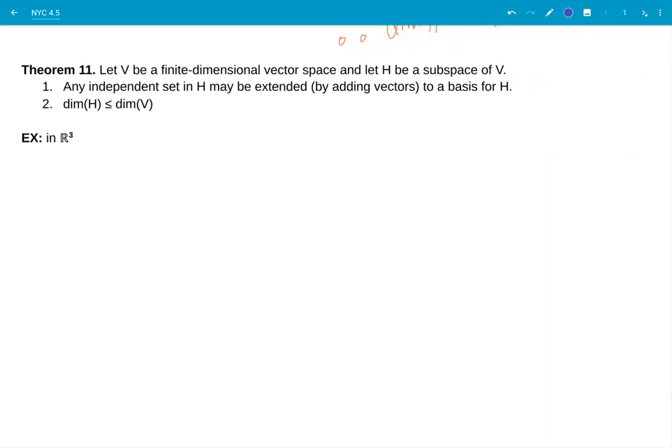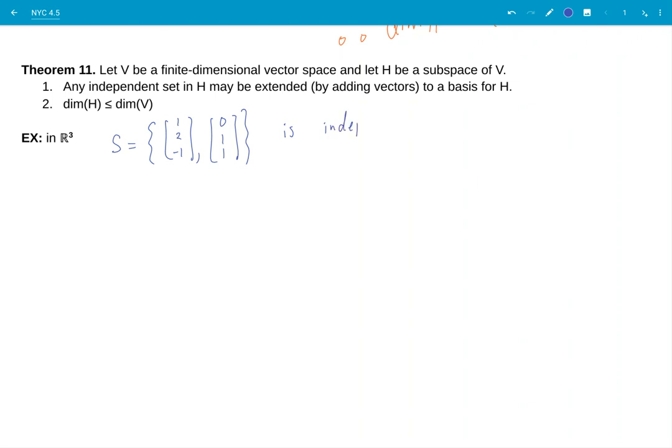So in R3, let's say S is equal to (1, 2, -1) and (0, 1, 1). Okay, so this is independent.